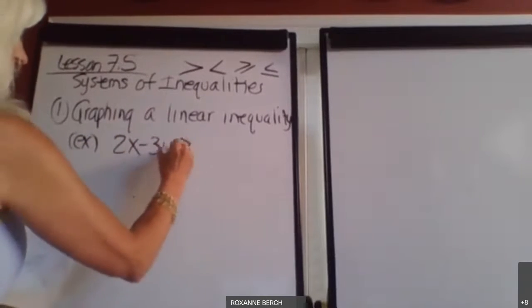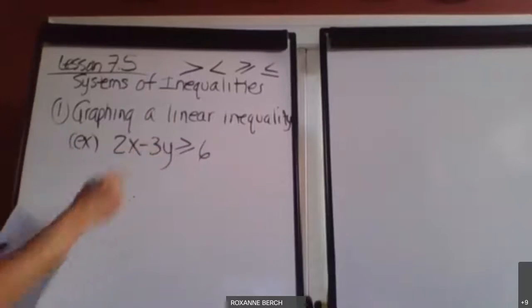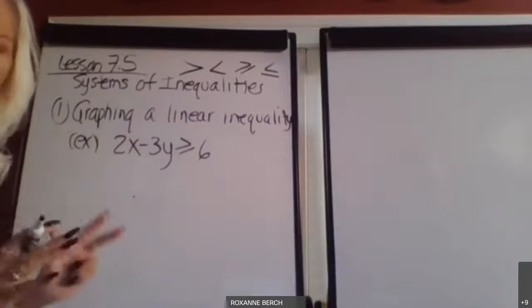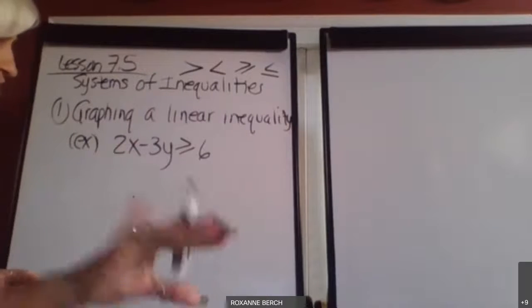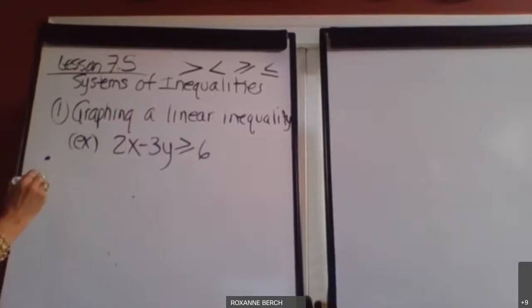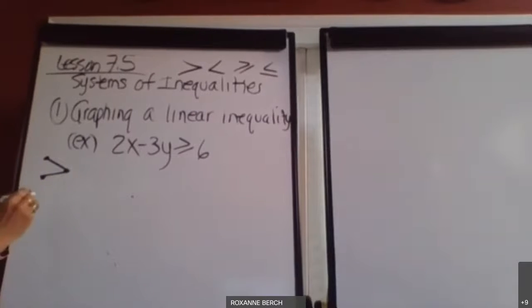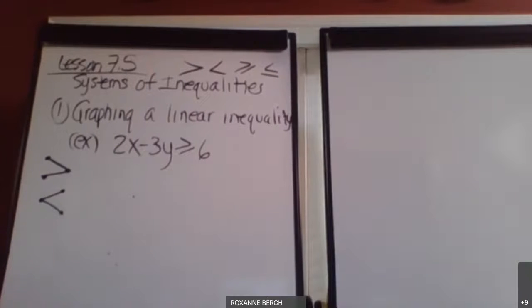The reason we know this is linear is because it has an x and a y. We're not going to worry about that inequality at first. Just a reminder that 2 is bigger than 1, so that's a greater than symbol. And 1 is less than 2, that's less than. So that's greater than, that's less than.